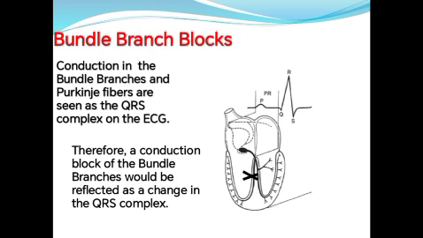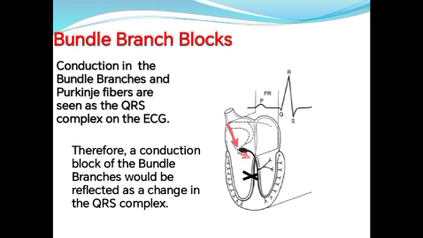So this is the time at which we see the QRS complex. Therefore, a conduction block of the bundle branches would be reflected as a change in the QRS complex, and definitely this is the prolongation of the QRS complex.